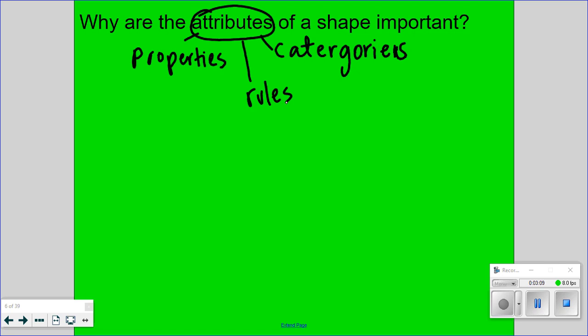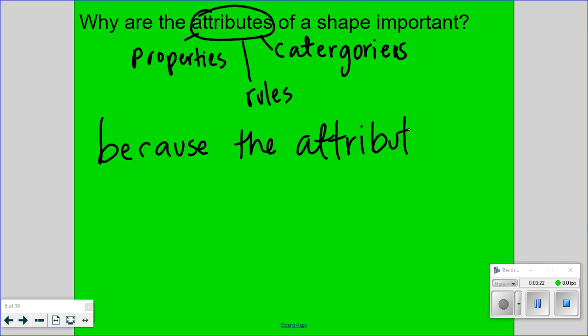Why are the attributes of a shape important? If you want to restate the question, you can. You're more than welcome to. In our notes, it's a little easier to shorthand things, Brogan.